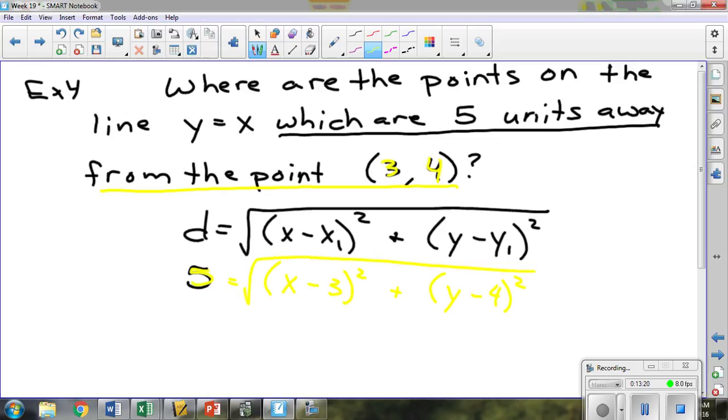And so we have all of this information. But there is still one more piece of relevant information here. We are looking for the points on y equals x. And so we can replace this y with x. And we now have something we can solve.